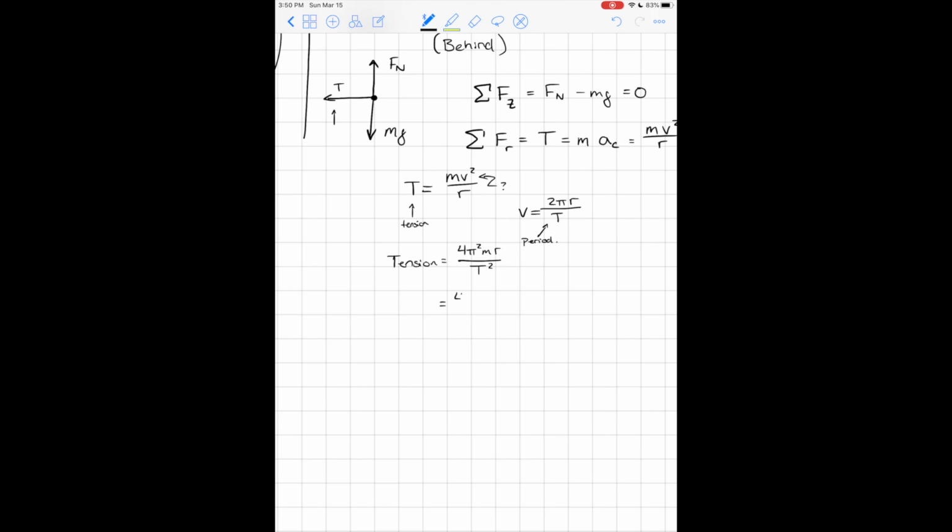If I start to plug in some numbers, I get 4 pi squared times 1 kilogram, times my radius, 0.5 meters. Oh, sorry, my mass is not squared. It's just 1 kilogram. I mean, 1 squared is still 1, but we want to get the units right too. 0.5 meters, that's not squared because we had an r in the denominator and an r squared in the numerator, over my period, 0.75 seconds squared.